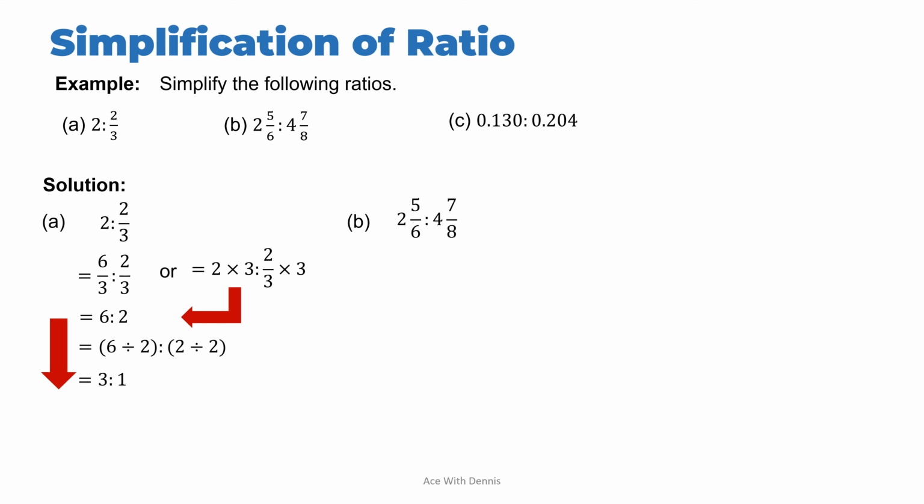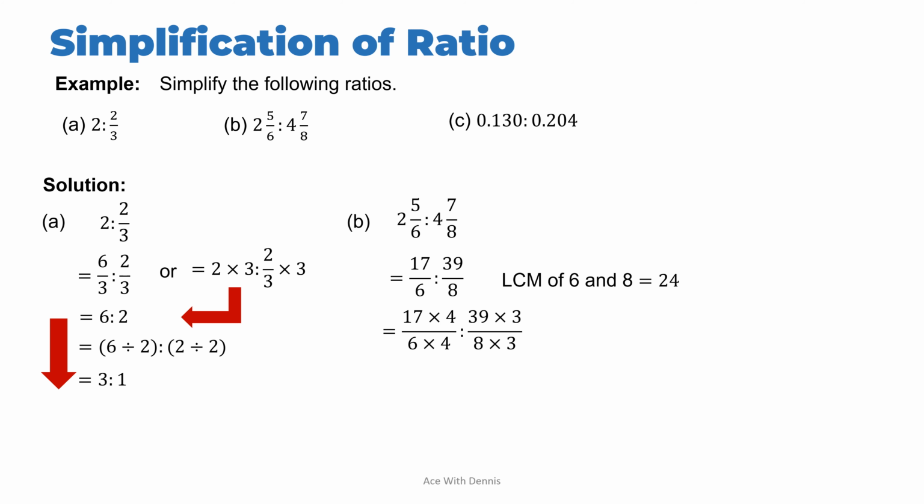For B, we have fractions for both quantities, right? 2 and 5 over 6 to 4 and 7 over 8. Both are mixed numbers. The first thing we need to do is change them to improper fractions, which becomes 17 over 6 to 39 over 8. The LCM of 6 and 8 is 24.